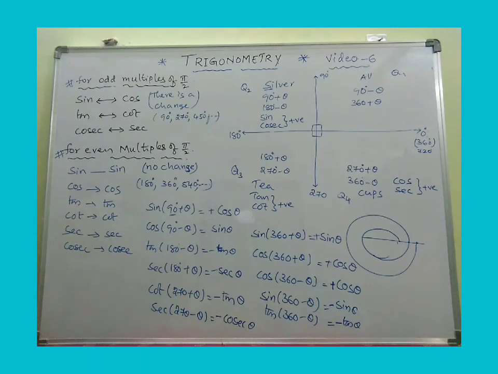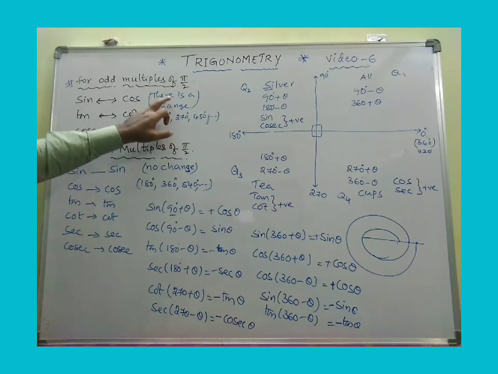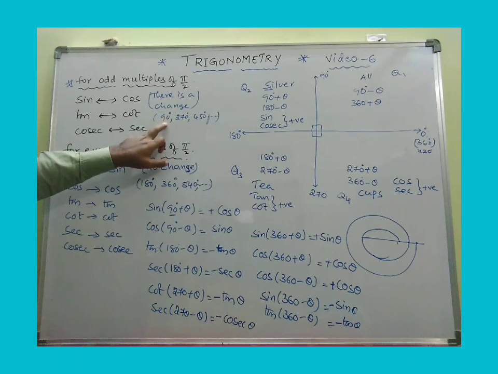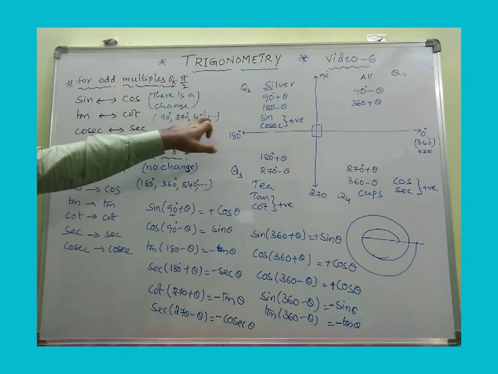And one more important note, my dear, you need to remember that for every odd multiple of pi by 2, that is 1 into pi by 2, 3 into pi by 2, 5 into pi by 2 with plus or minus theta, there is a change, for 90, 270, 450 and so on.